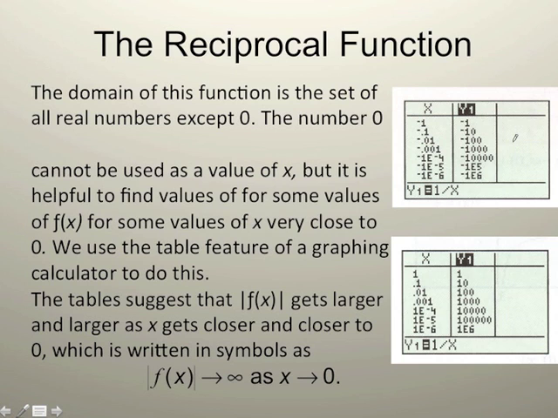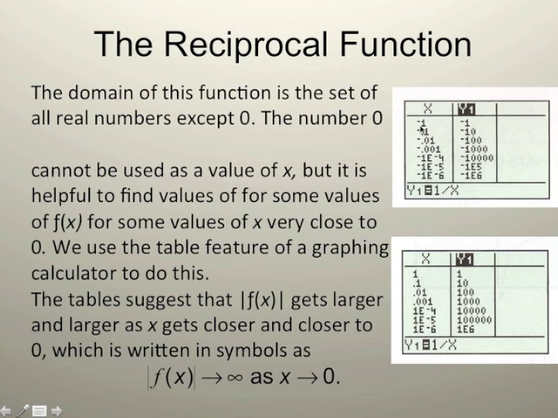Okay, let's go back. The domain of this function is the set of all real numbers except 0. The number 0 cannot be used for a value of x, but it's helpful to find some values very close, using the table feature on a graphing calculator.